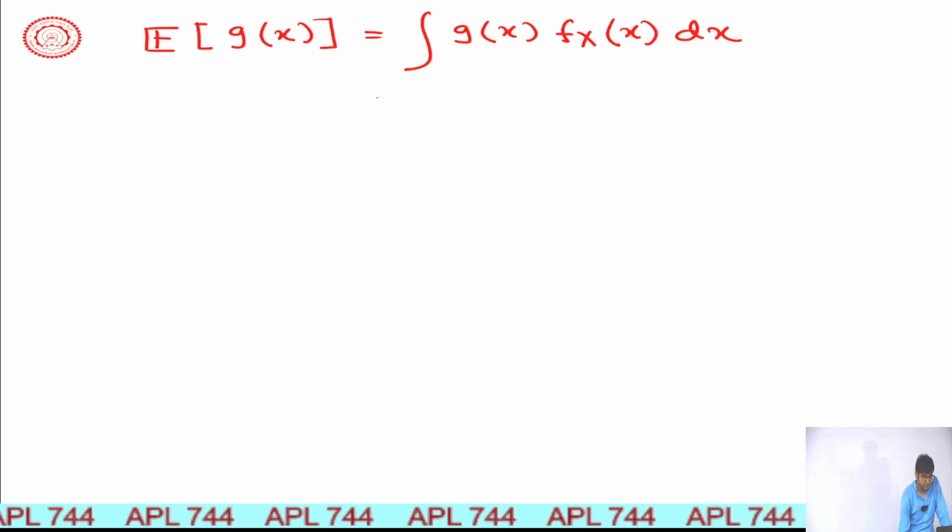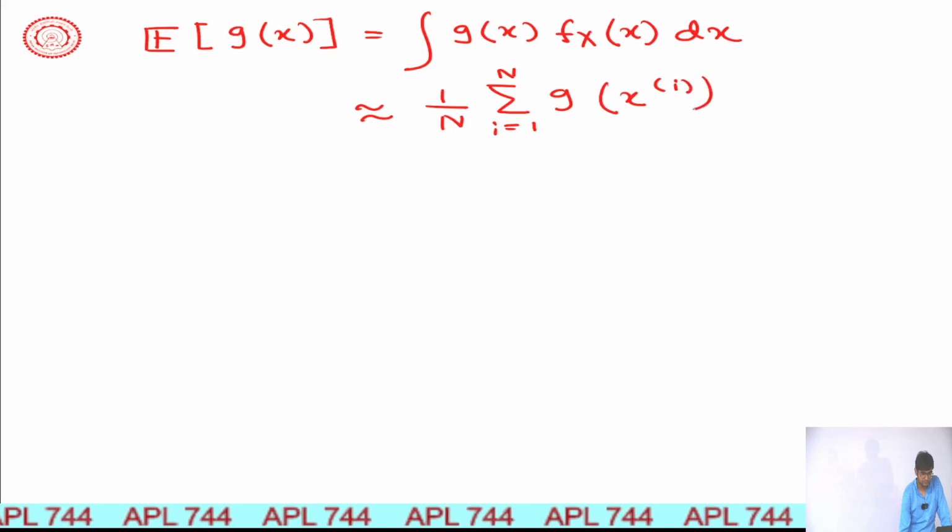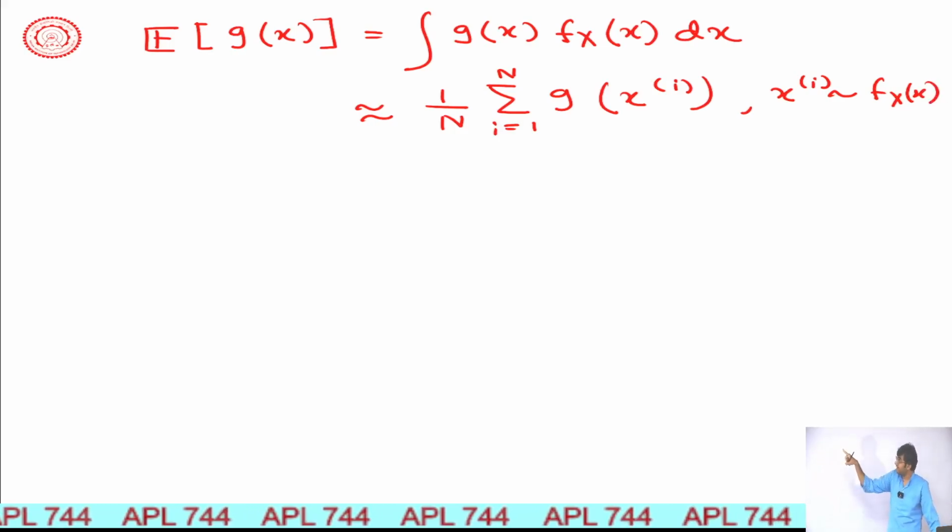This is approximately equal to 1 by n summation i equal to 1 to n g of xi, where xi is coming from f(x). And this sign means that xi is a sample drawn from that distribution. That's what it means.